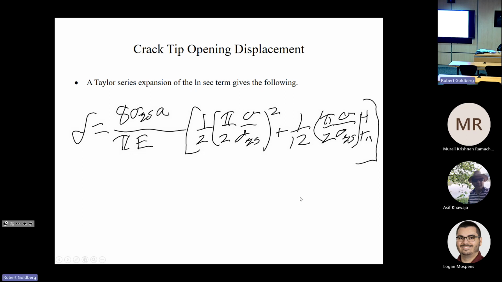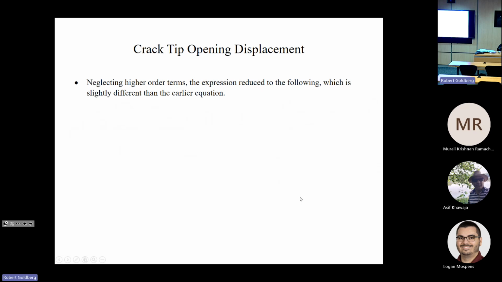So if you neglect higher order terms, you basically get rid of everything beyond this first term, and after a little bit of algebra, you end up with the crack tip opening displacement is equal to the square of the stress intensity factor divided by the yield stress times the modulus, which is equal to the strain energy release rate divided by the yield stress.